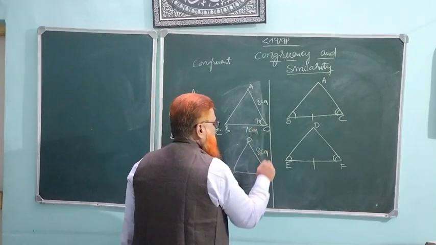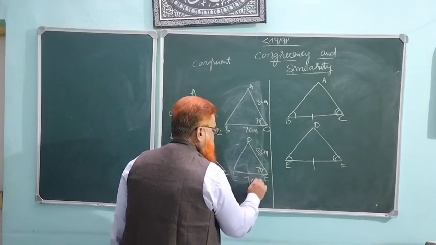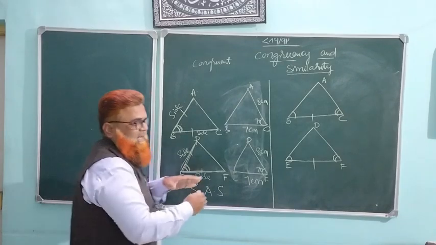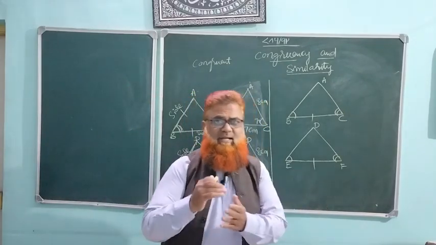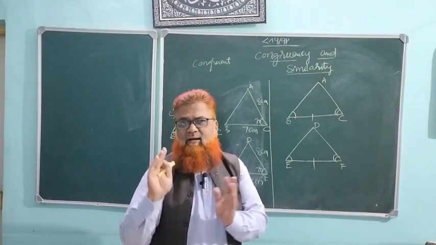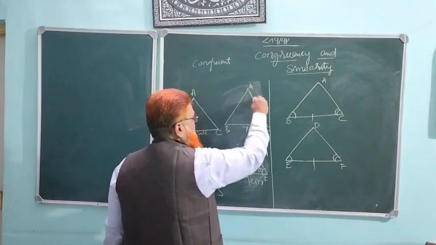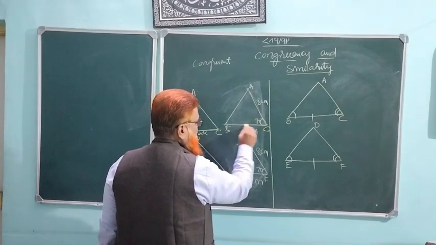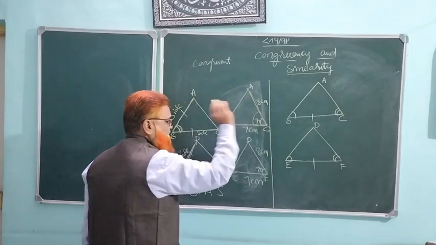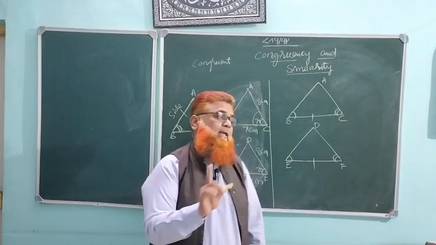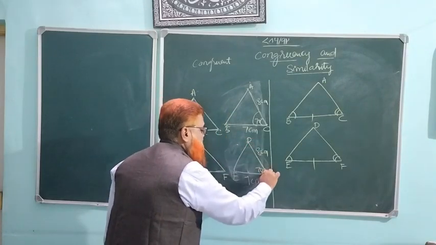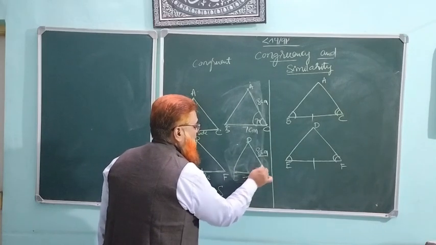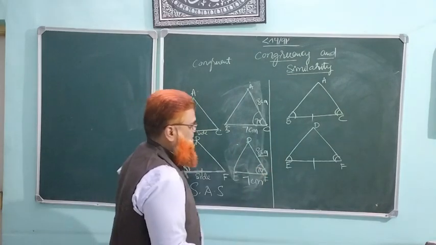This is 8 centimeter, this is also 70 degree, and this is 7 centimeter. For these two triangles I have taken side, included angle, side. See that AC has 8 centimeter and BC has 7 centimeter. In between BC and AC the included angle is 70 degree. Do you follow? Similarly, DE is 8 centimeter and EF has 7 centimeter. The included angle between these two sides is 70 degree.